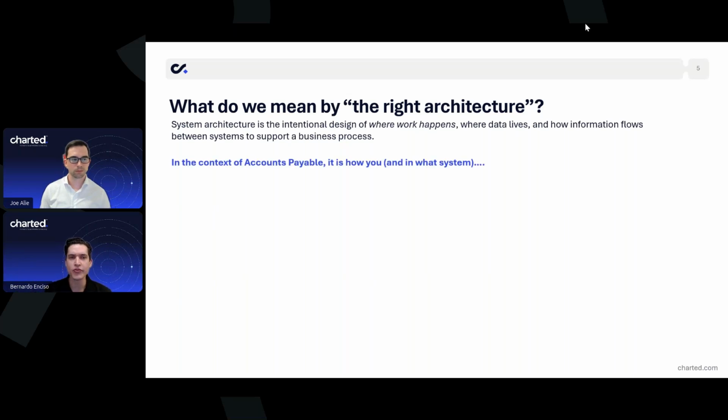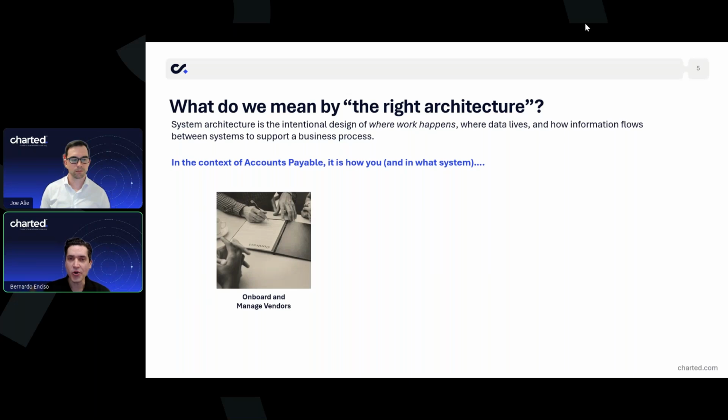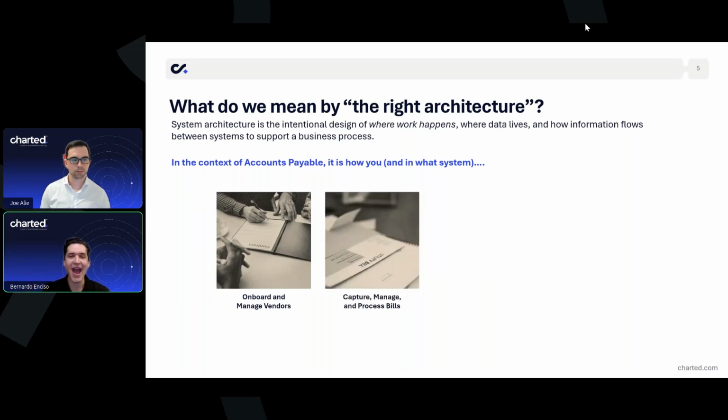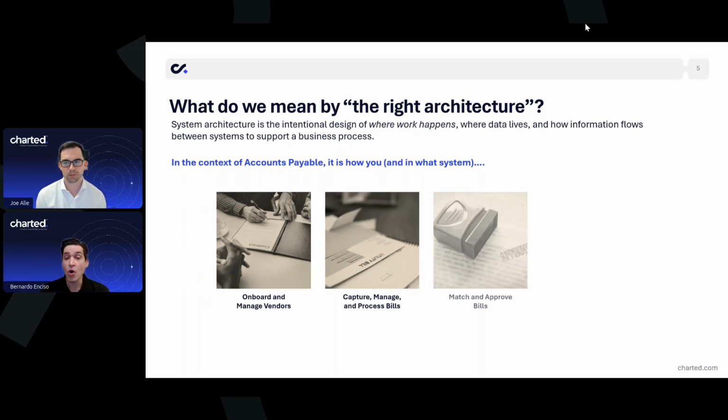And in the context of accounts payable, it is really how you, and in what system, number one, onboard and manage your vendors, which is a really critical part of the business process. Number two, capture, manage, and process your vendor bills. And this is where you can cut a lot of inefficiency and a lot of manual work down to basically nothing. Number three, how you match and approve your bills in the system with a full audit trail.